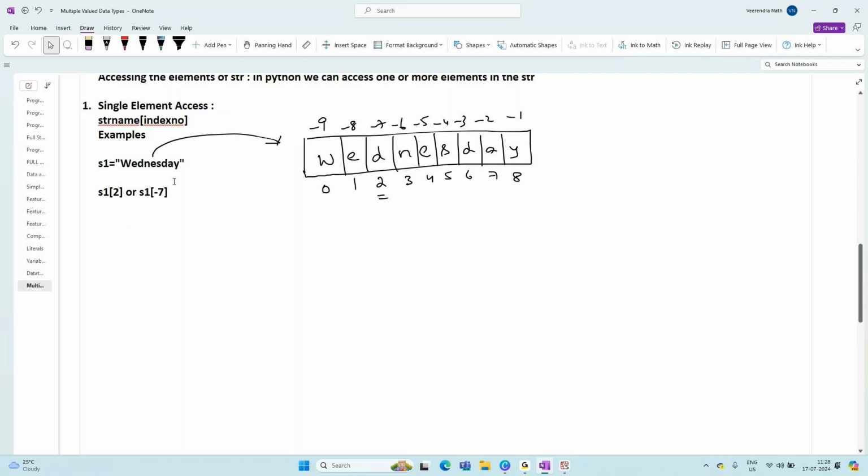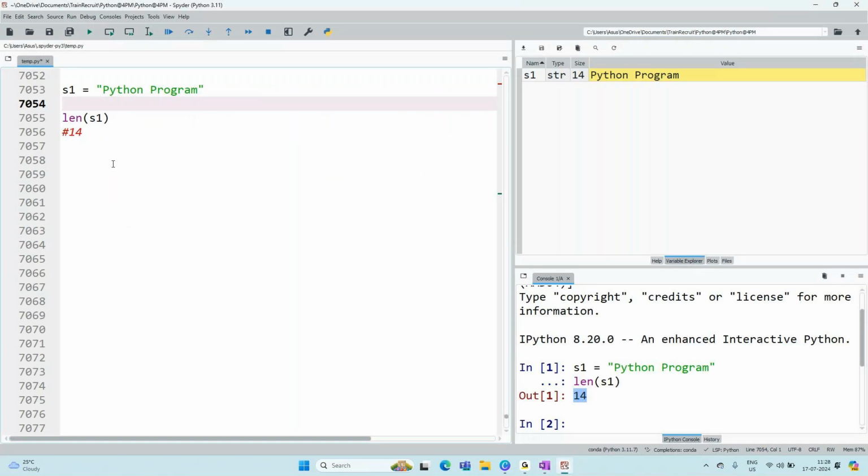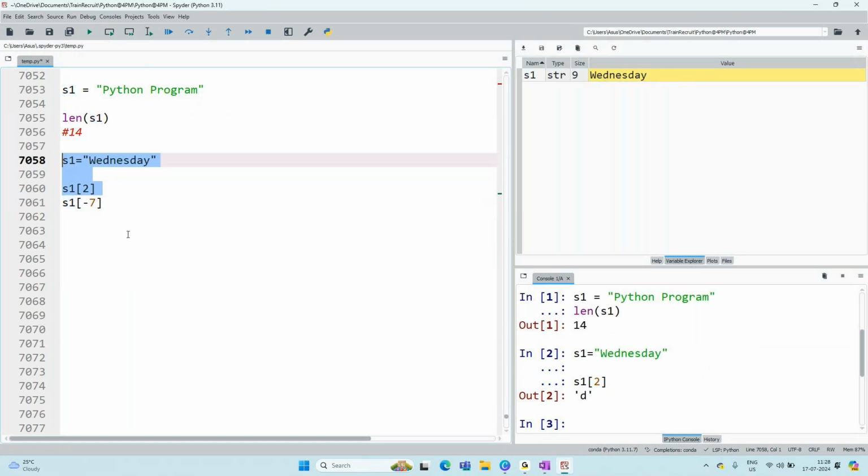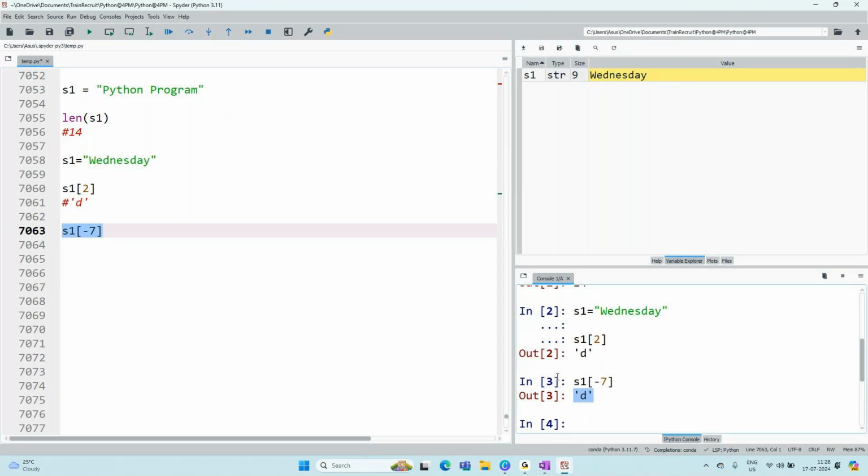In a program I cannot write "or". So now tell me what it is giving? It is giving the character D. Right? D is in two places actually. Yes or no?